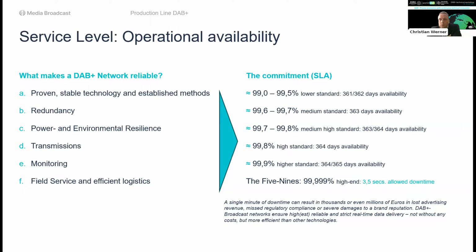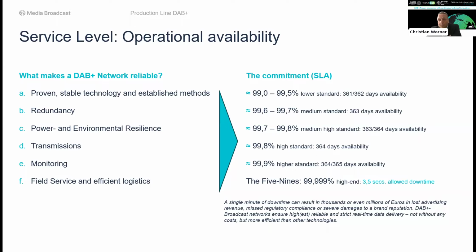A medium standard would be 99.6 to 99.7%, so 363 days availability. And the standard you most often will find in Germany is 99.7 to 99.8% availability, which means 363 to 364 days of availability. So if you put on the radio button, radio is there.